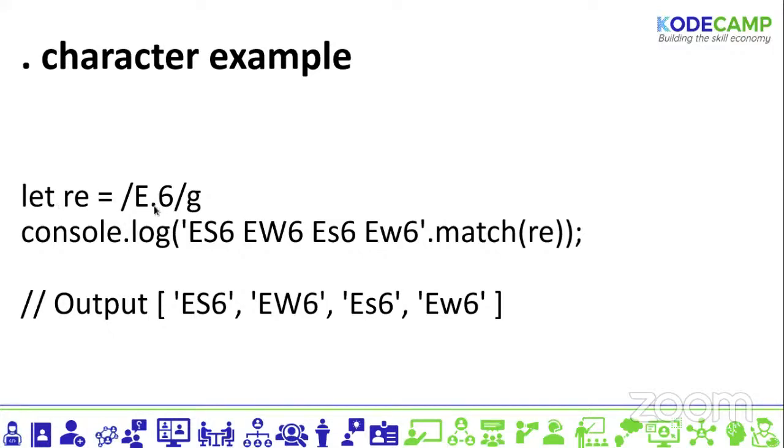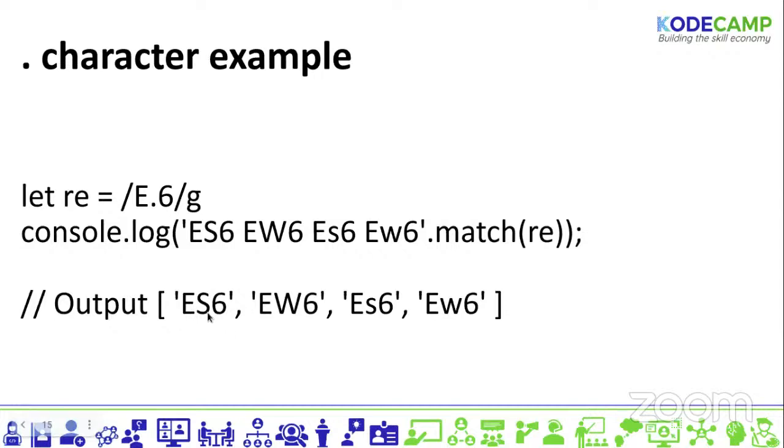Say, for example, the regular expression is E.6. So we are saying E, then any character here that is not a space or new line or tab, then 6. So if we have ES6, EW6, ES with small letter 6, EW with small letter 6, then this is actually going to be the result, because we are saying it has to be with E in the beginning and 6 at the end.